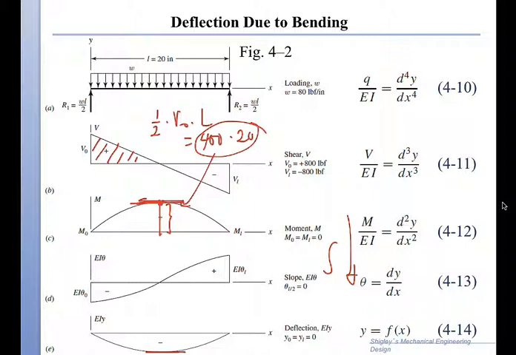We know that the slope of the beam in the middle is equal to 0, so the angle is going to be equal to 0, and therefore we have to start from a value that is equal to the area under the parabola here, on the left side. So EI theta 0 will be the area under this part of the parabola, and then it will build up to 0 and continue here. So this is a cubic here.